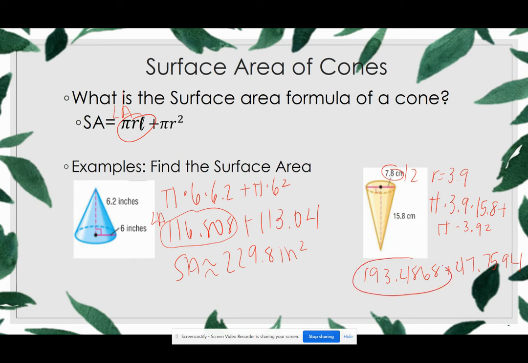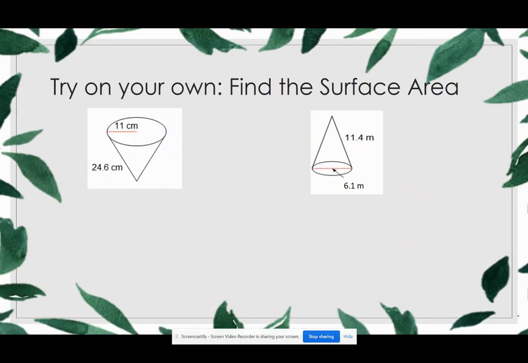Once again, this is my lateral area, and I add them together. And I get my surface area as approximately 241.2 centimeters squared. Alrighty. Try these two on your own and let me know what answers you get.